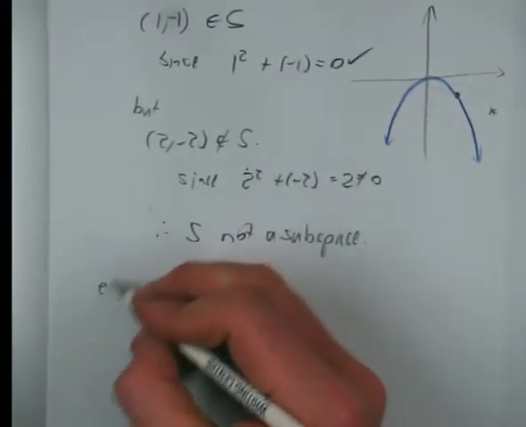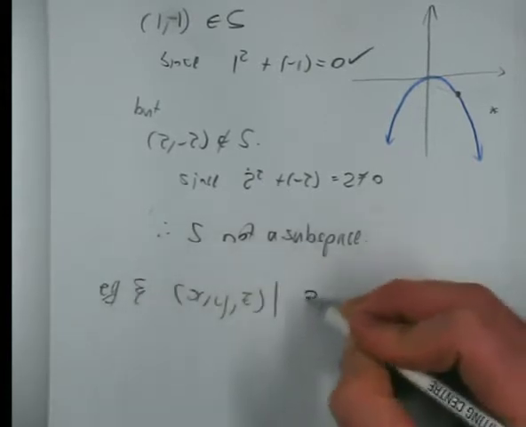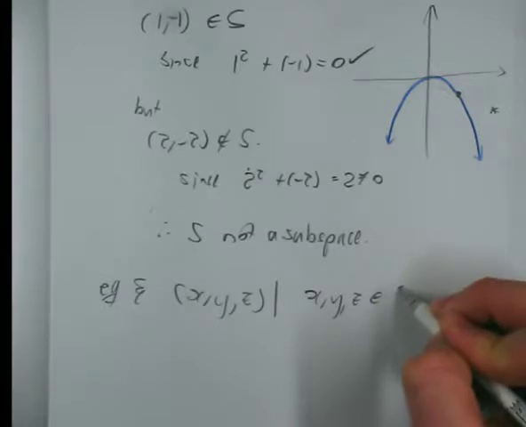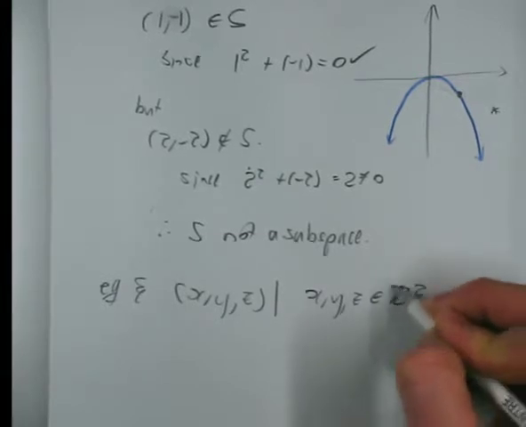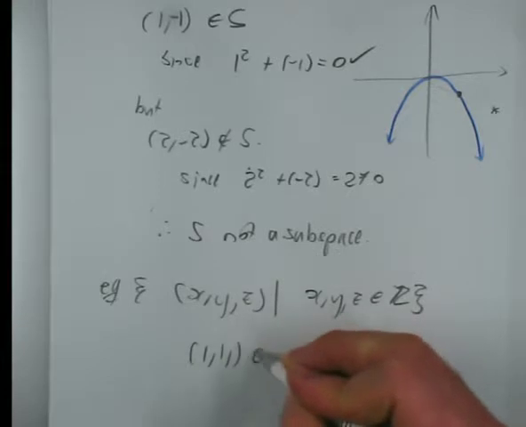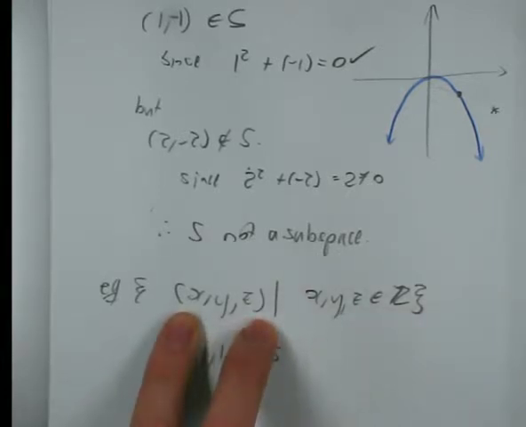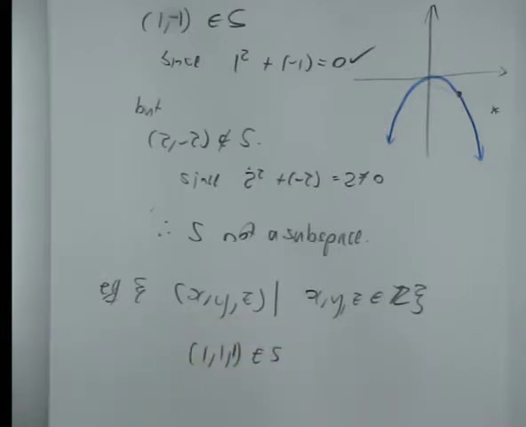The final classic example is the set of x, y, z such that x, y, z is in Z. That only has integer coordinates, and so you could say that 1, 1, 1 is in S. It would be a span, because that would be x of 1, 0, 0, y of 0, 1, 0, and z of 0, 0, 1.